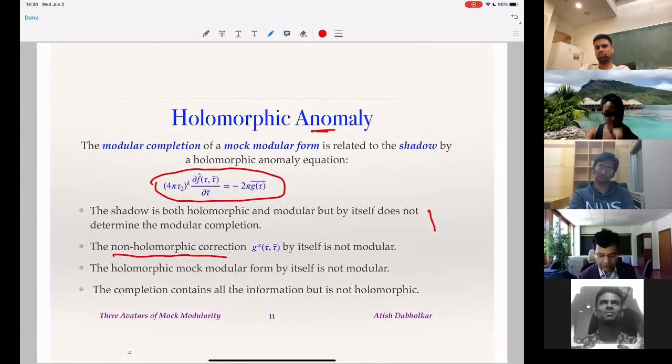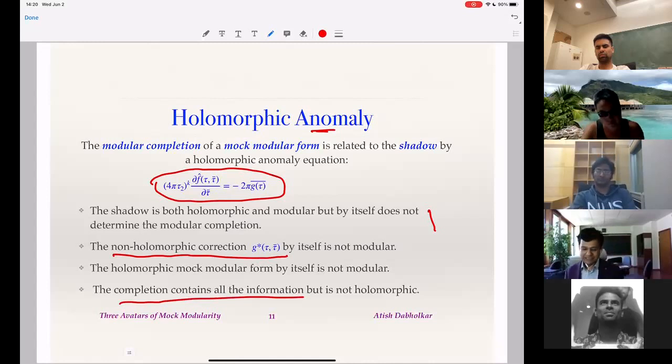The non-holomorphic correction g star of tau by itself is not modular. However, when you add it to this mock modular function that Ramanujan was talking about, which by itself is not modular also, the completion contains all the information. So completion is really the object that contains all the information, but it is not holomorphic. So some of the nice theorems that I referred to do not apply to these non-holomorphic modular objects. However, you recover modular symmetry.